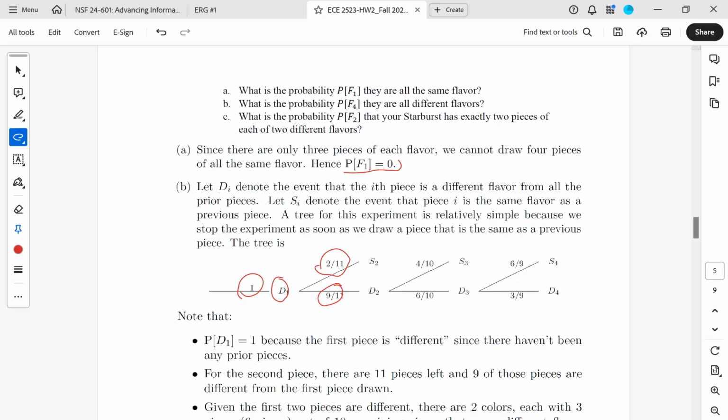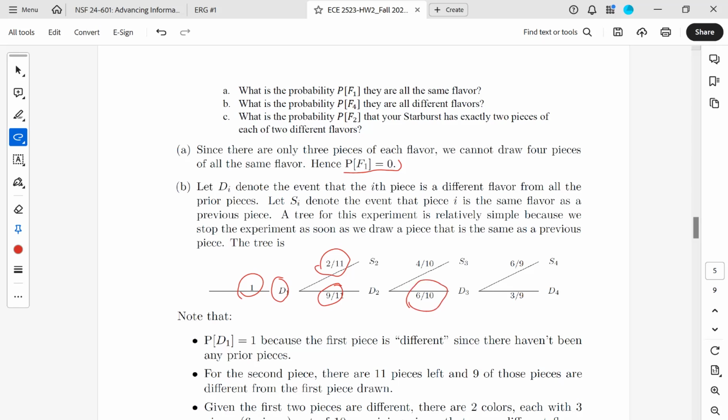So we have 6 candy that could be the answer to our condition out of the remaining 10 in our basket. So the probability of having a different candy in the third draw is going to be 6 over 10. Make sense?